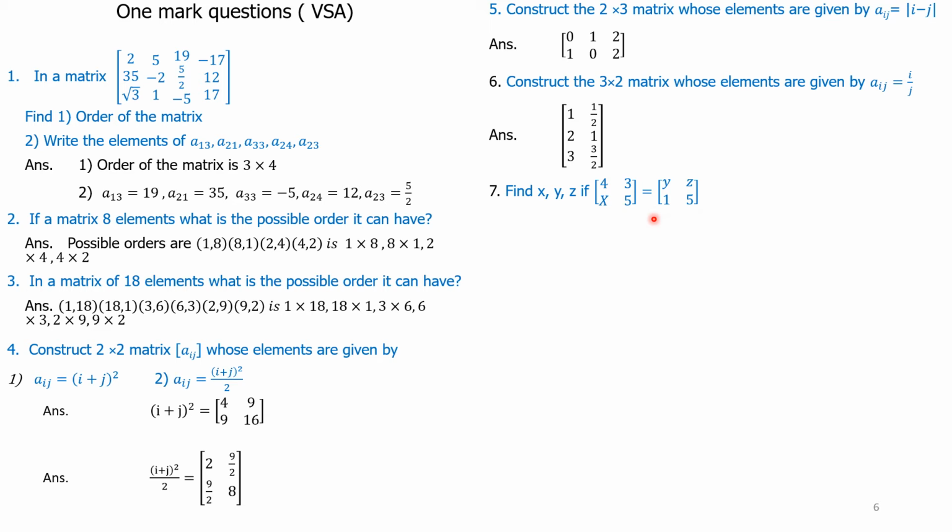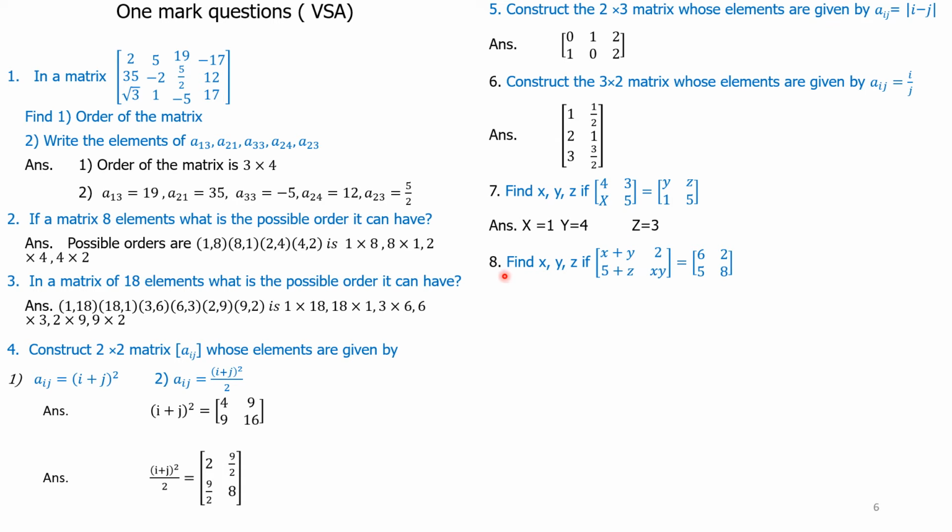Comparing the left hand side matrix and right hand side matrix, x is equal to 1. Comparing, this is 4 and this is y, therefore y is equal to 4, and z is equal to 3. That means we have to compare the corresponding elements of the matrix.